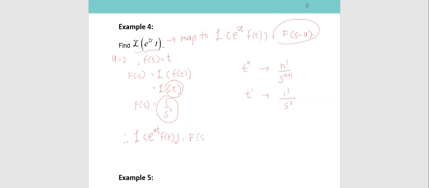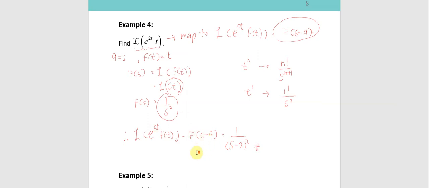Let me just write as usual. The Laplace of e^(at) f(t) equals F(s minus a), and then it is equal to 1 over (s minus a) squared, where a is 2. Can you understand?